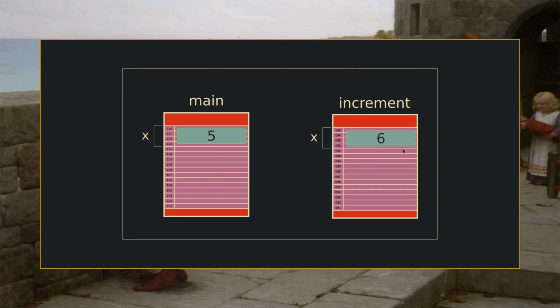However, because this is a local copy of the 5 that we're working with out here in main, and not, say, a reference to it or something like that, when the update is performed, it's performed on the local copy, and that new value is never propagated back, which means we get what we see. Inside of the function, the value has updated from 5 to 6. When the function returns, that update is lost, and the main's local x remains 5.